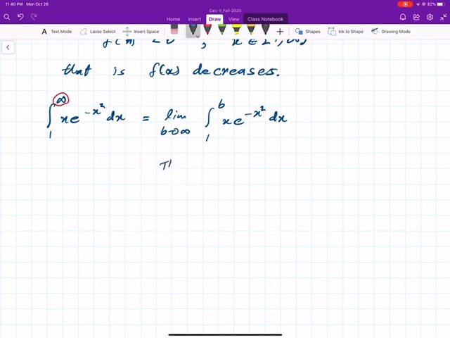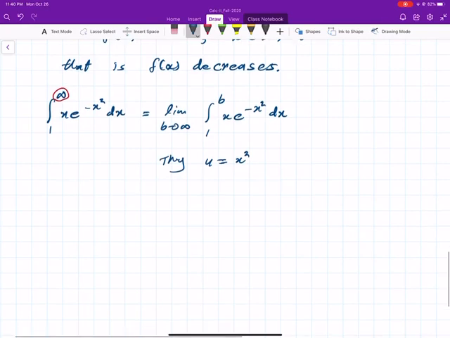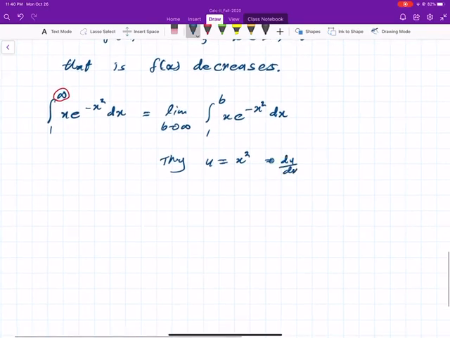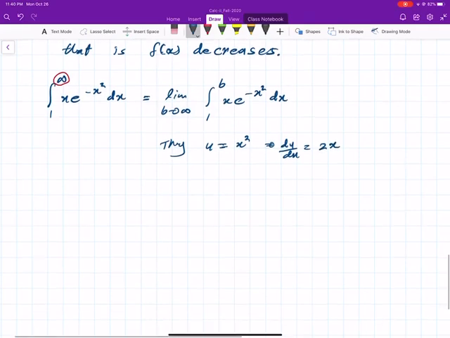Try u equals x square. If u equals x square, then du over dx equals 2x.